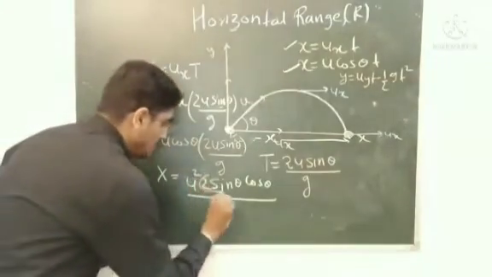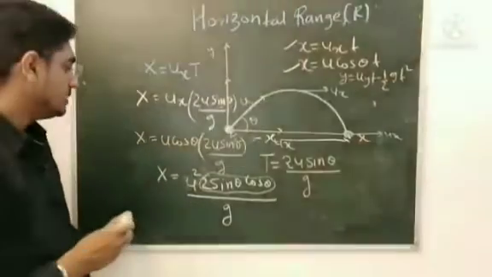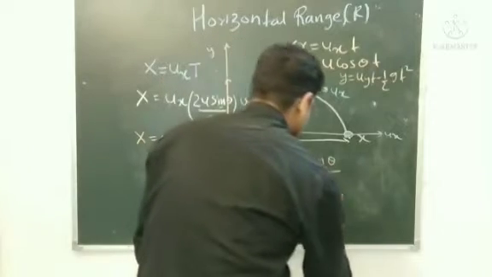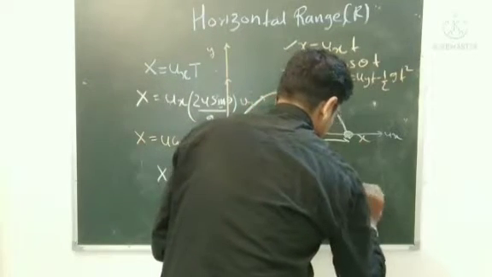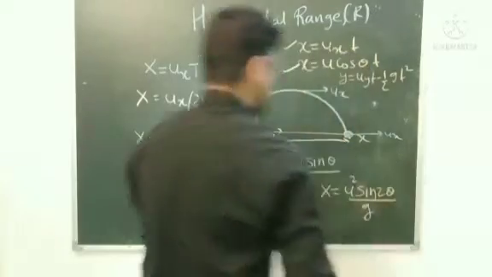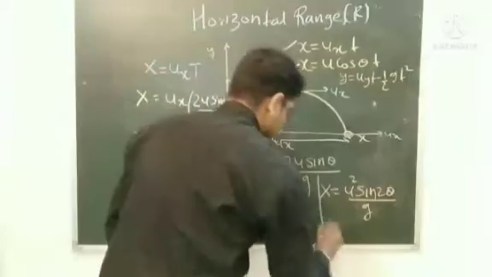In place of 2 sin theta cos theta, we can write sin 2 theta, right? So here we can write x equal to u square sin 2 theta by g.